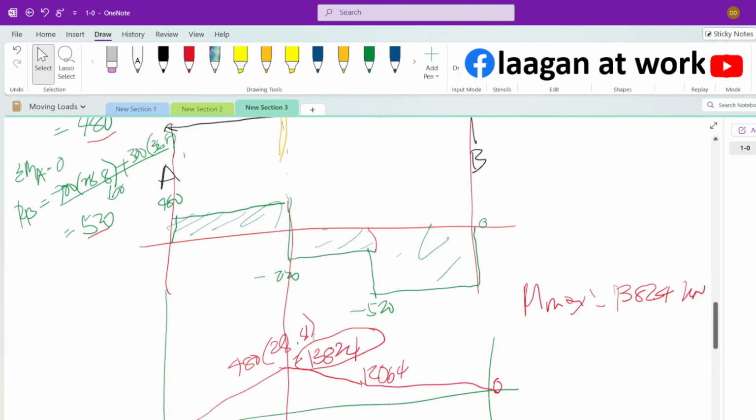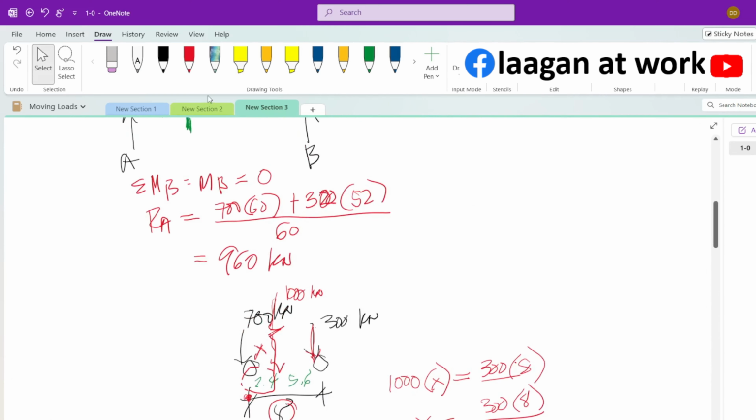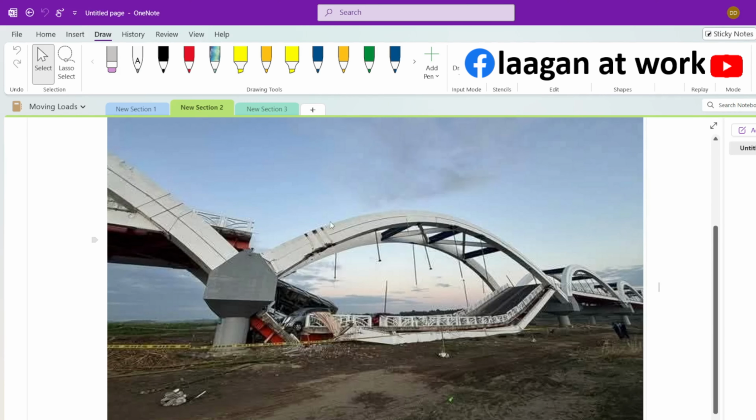But on this particular bridge, we have the tension rod or suspension rod, and that would be considered as an intermediate support. So the bridge deck is not designed as simply supported, but as a continuous span.